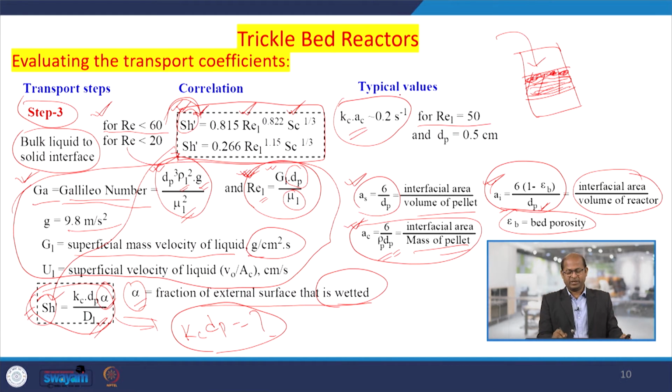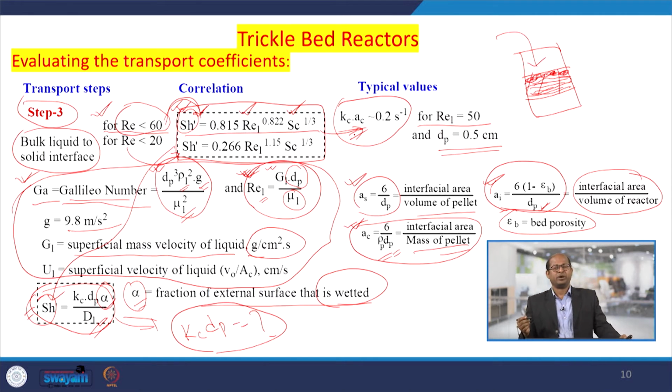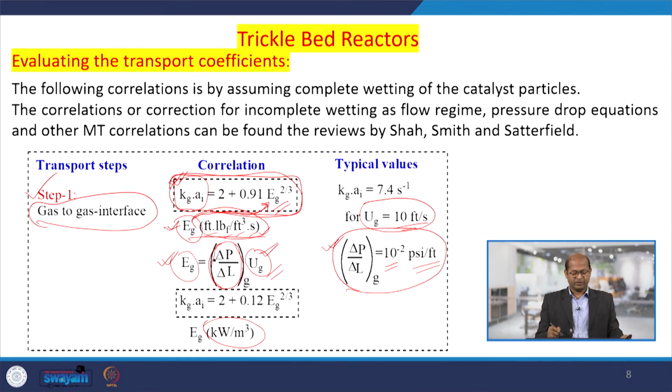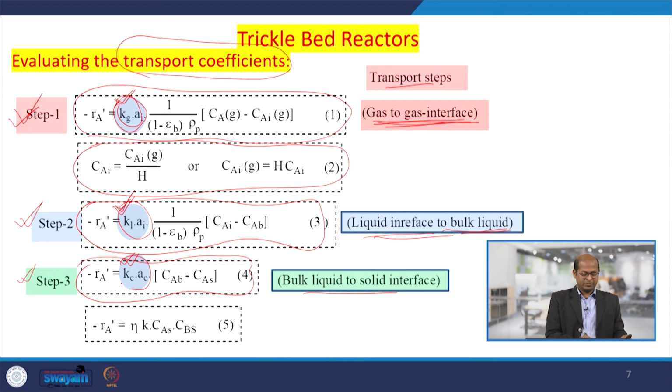Here it is given, for example, if the particle diameter is, let us say, 0.5 centimeters and the Reynolds number is 50, meaning less than 60, then from these correlations the Kcac value was approximately 0.2 second inverse. So, the Kcac value for step 3 we can find out and substitute here.